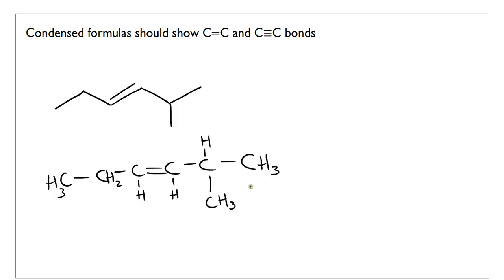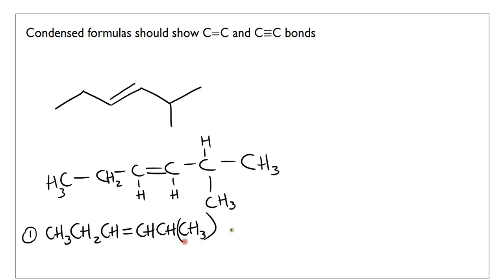So when you write the condensed formula, it really does not matter whether you start from this end or whether you start from this end. You just need to pick a start, and that's fine. So if we start with this end, the first version of condensed formula that I can have here is CH3, then CH2, then CH, showing the double bond, so CH=CH, and then you can go CH3, CH3.